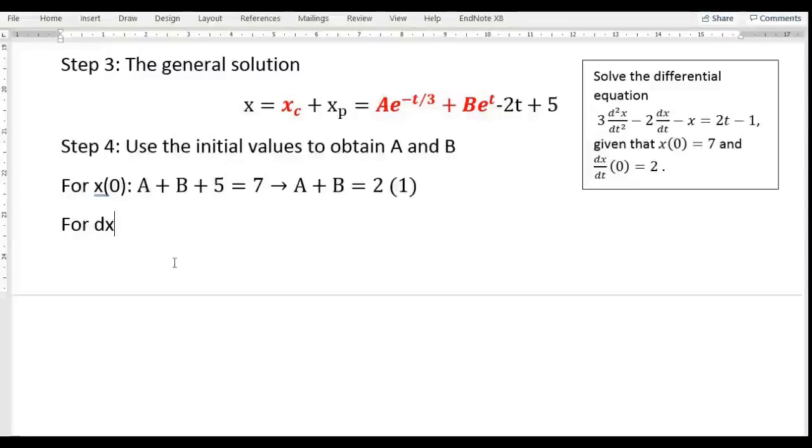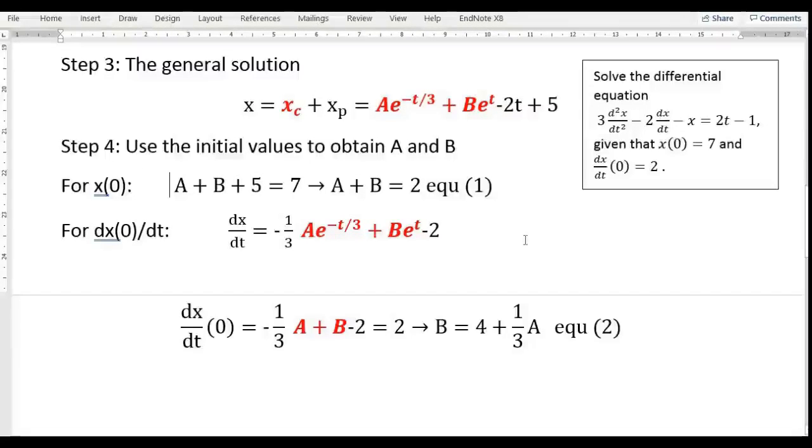For dx/dt at 0, we need to differentiate this expression first. When we differentiate x with respect to t, we're going to get minus 1 over 3 a exponent minus t over 3 plus b exponent t minus 2.